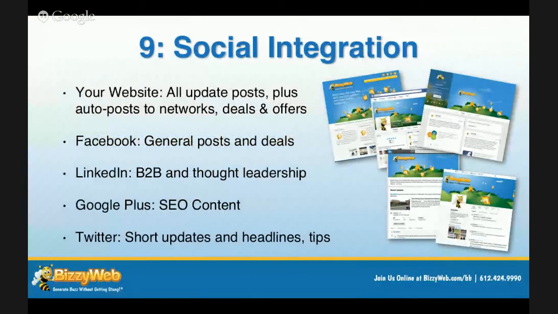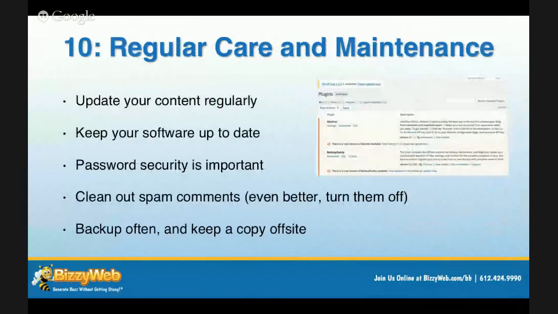Final thing inside of your website and what you need to have and do: regular care and maintenance. We talked a little bit about this with web hosting because BizzyWeb does all of this automatically for our clients, but you need to update your content regularly, of course, but you also need to keep your software up to date. If you see, WordPress 4.2.2 is available, please update now. If you're not a BizzyWeb client, do this as soon as possible because there's some security concerns inside of there.